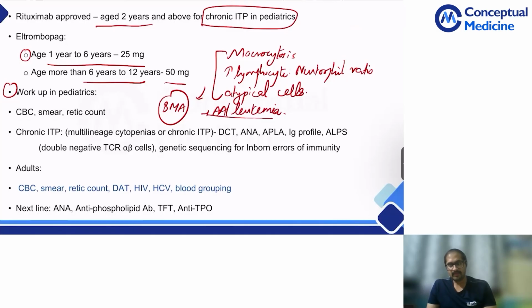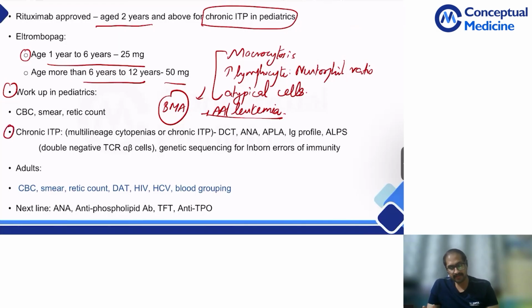Otherwise, bone marrow is not universally recommended for any ITP diagnosis, pediatric, adolescents, young adults, irrespective of the platelet count.